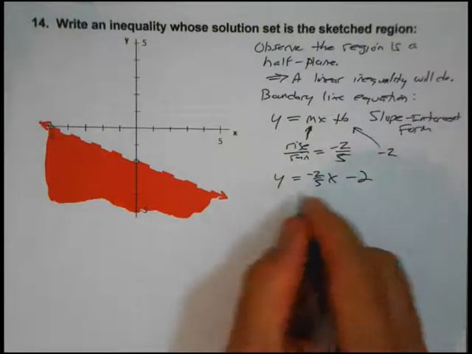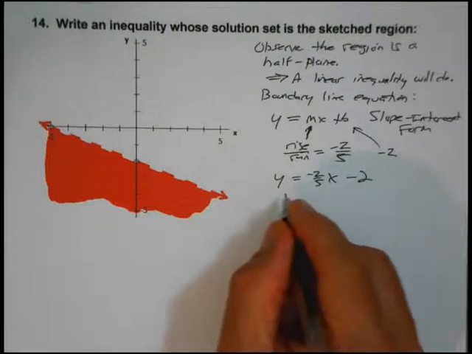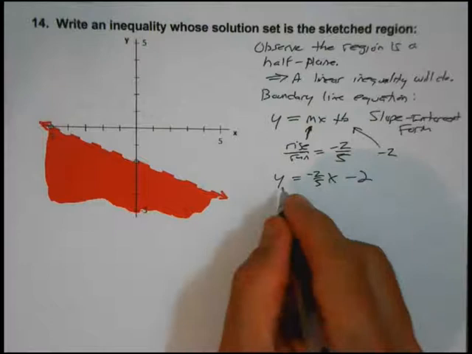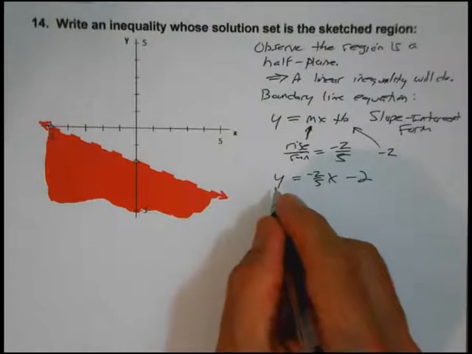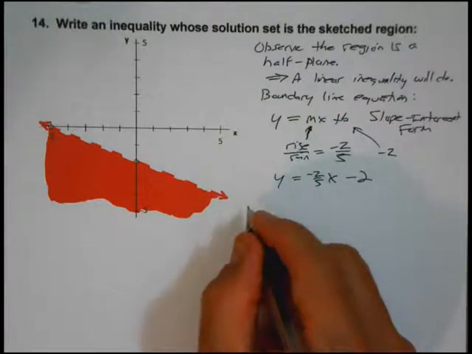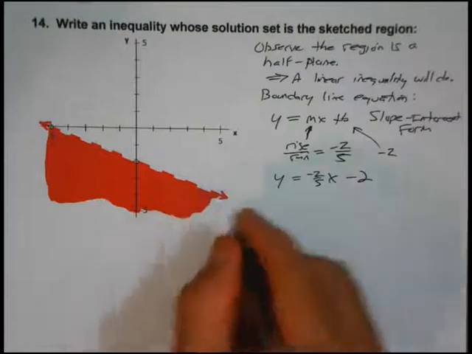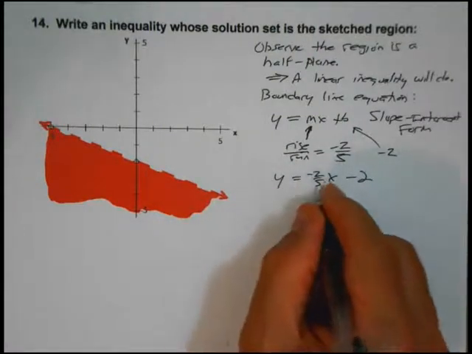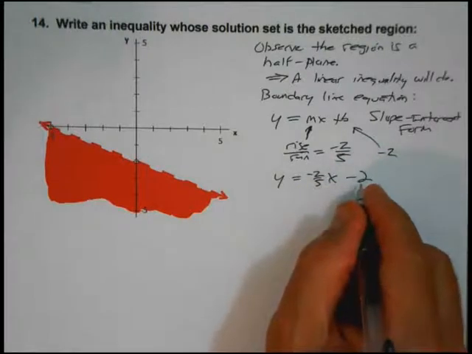Now with this boundary line equation, y is solved for, y is equal to some f of x. We can think in terms of, do we want to be above or below the line for our region? The region lies below the line. So this has us thinking in terms of y less than -2/5 x minus 2.